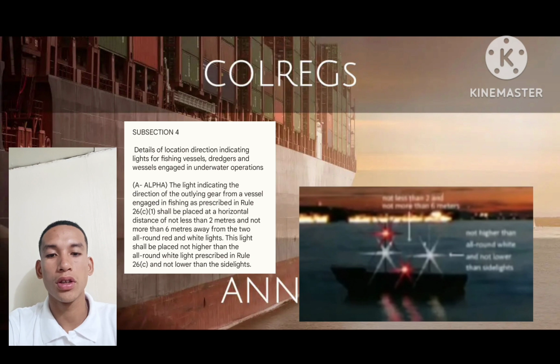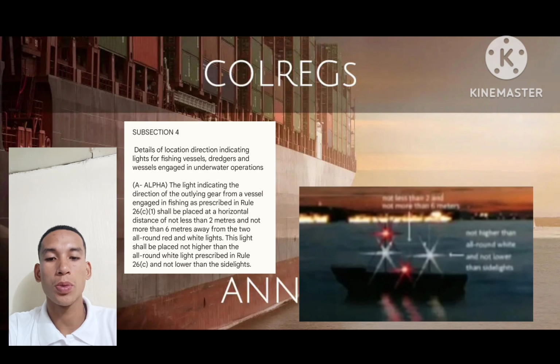Subsection 4. Details of location of direction-indicating lights for fishing vessels, dredgers and vessels engaged in underwater operations. A is for Alpha.